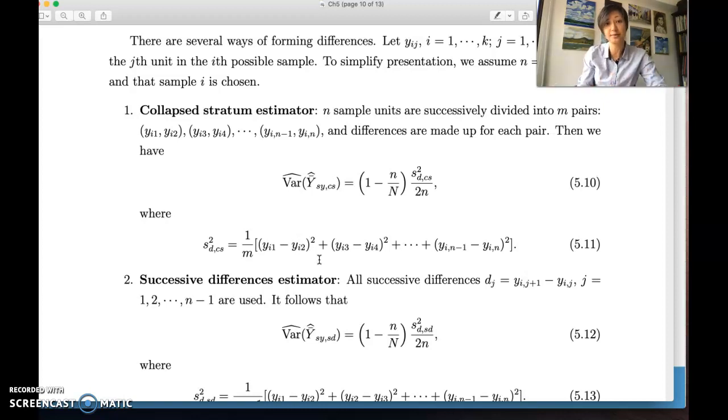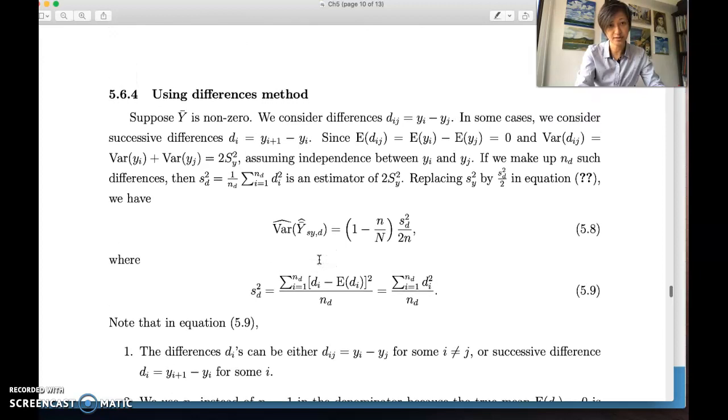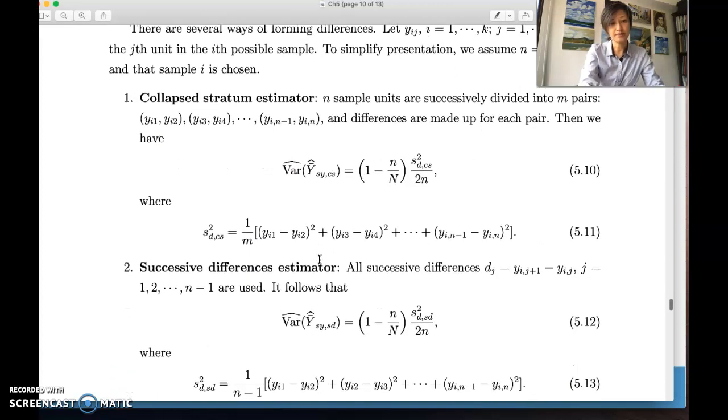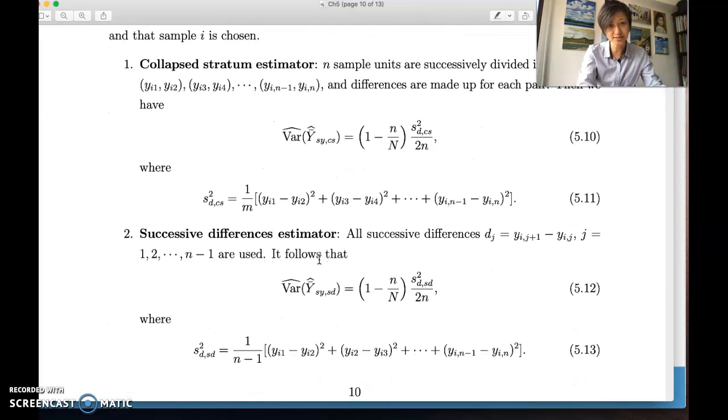From one systematic sample, we divide it into repeated systematic samples, and then we can estimate the variance of the repeated systematic sampling. Thirdly, a simple case of the repeated systematic sample would be half-size repeated systematic sampling. And fourthly would be the differences method. Within the differences method, we can further expand it into collapsed differences or successive differences.